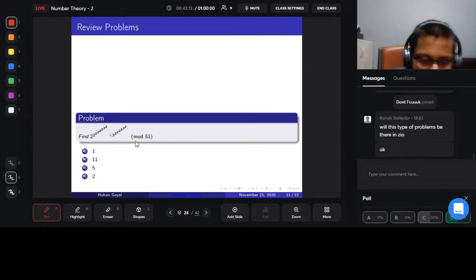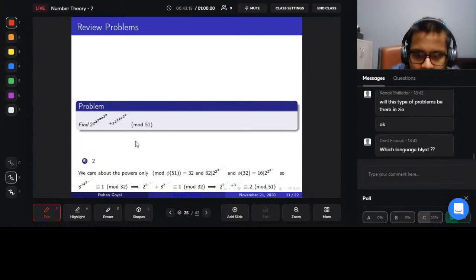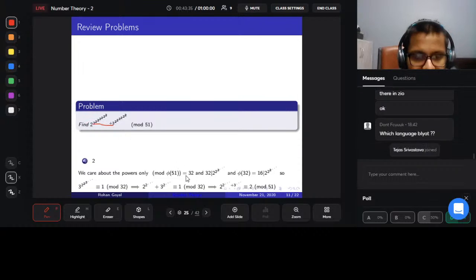So now you are considering this number mod 51. As we have learned from Euler's totient function, we only care about the powers mod phi of 51, which is 32. So this is the power. And observe that this whole thing is divisible by 32, because 32 is 2 to the 5 and this whole thing is a power of 2 greater than 2 to the 5.